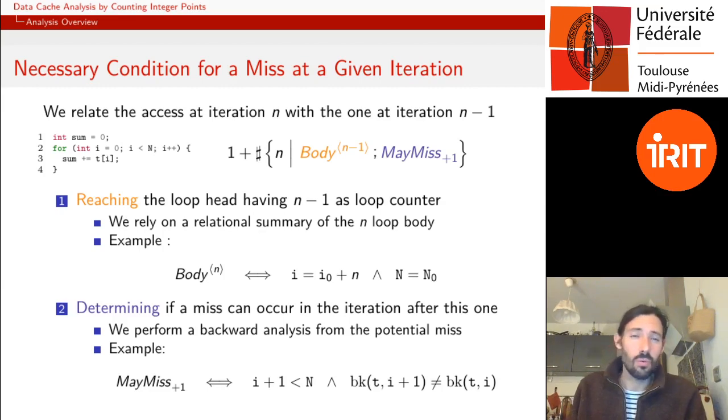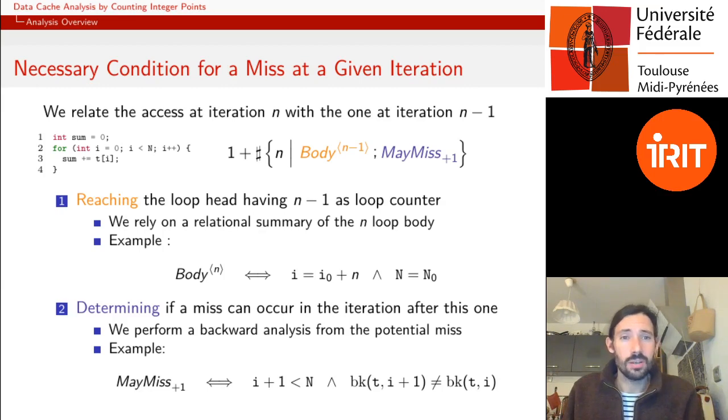So there is now a 1 plus something. And the something is the number of iterations where we perform the body n-1 times. Then we perform the loop iteration once, and in the next loop iteration, the cache miss occurs. Okay, so we split this question in two questions.